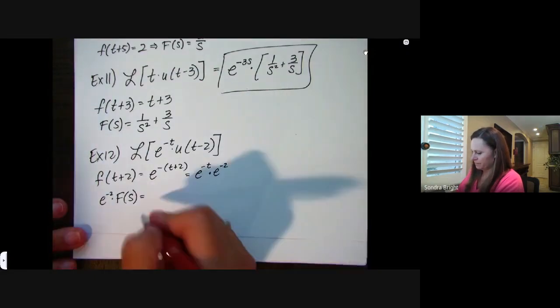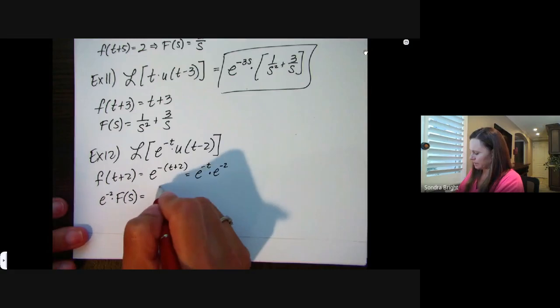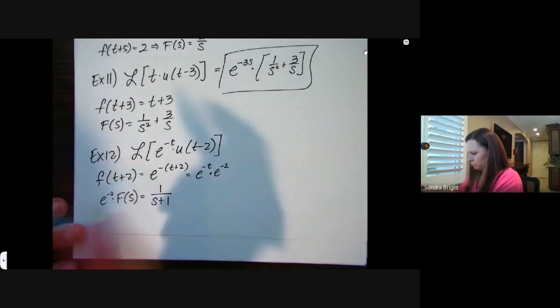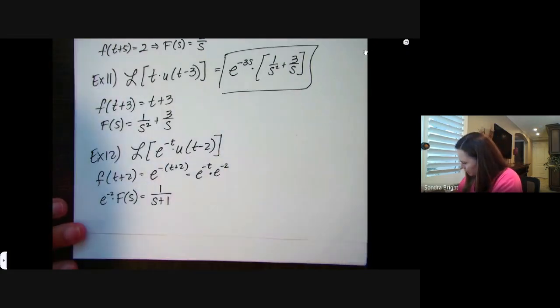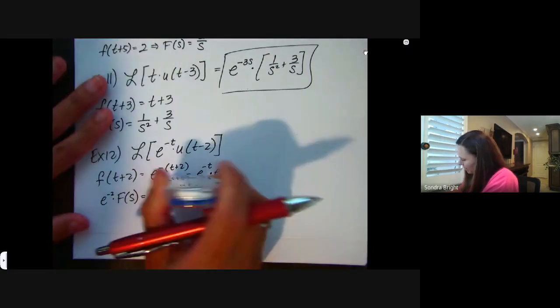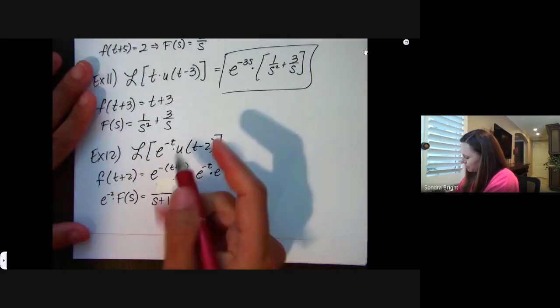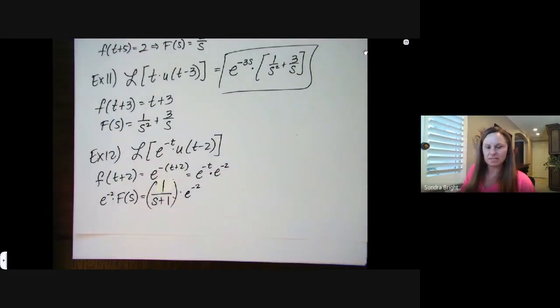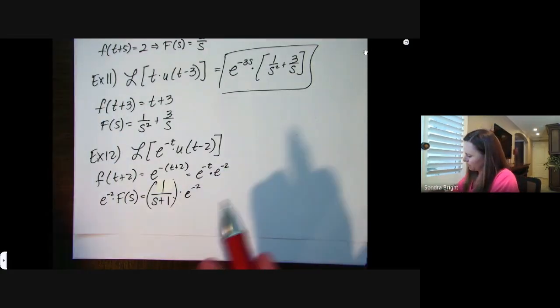So that'll be 1 over s plus 1, times e to the negative 2. I guess I should have stuck it in front. Sorry. I'll go times e to the negative 2. Remember, that's just a constant. All right, so what does that mean?